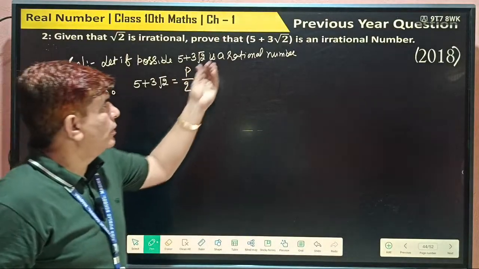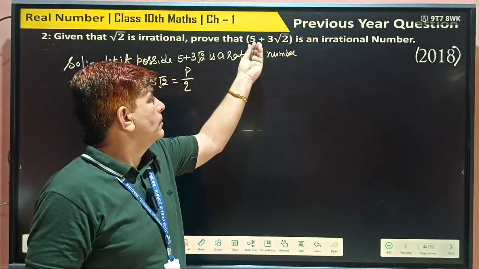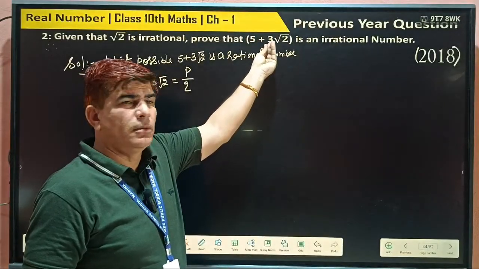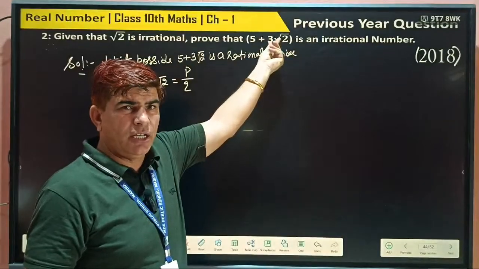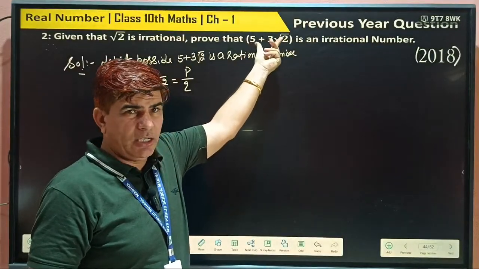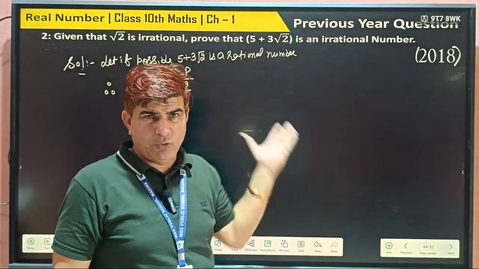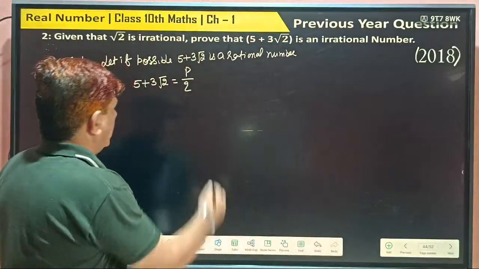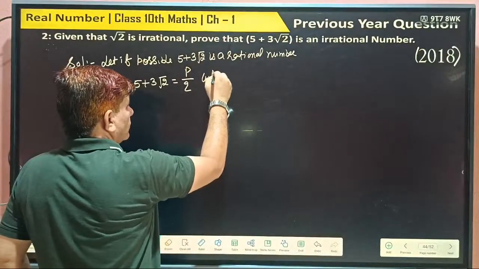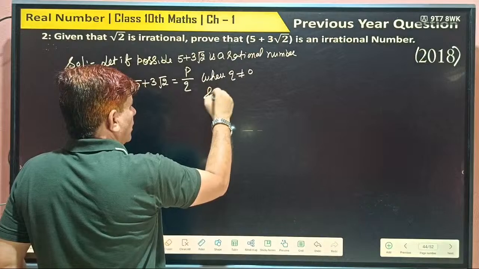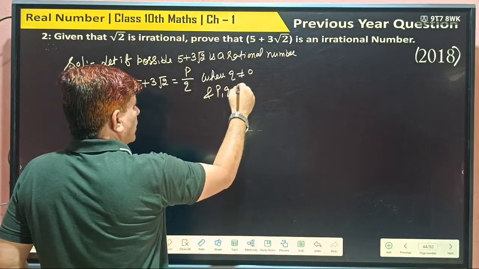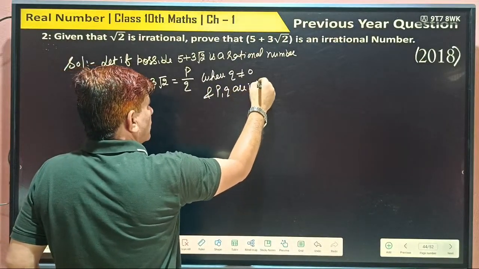Directly you know 5 is rational, and 3 is rational, and root 2 is irrational. The multiplication of a rational with an irrational is irrational, and the sum of a rational and an irrational is irrational. But you have to prove it here. Q is not equal to 0, and p, q are integers.